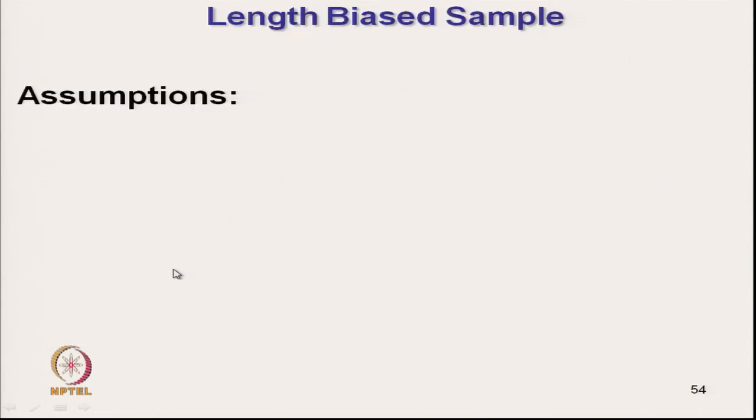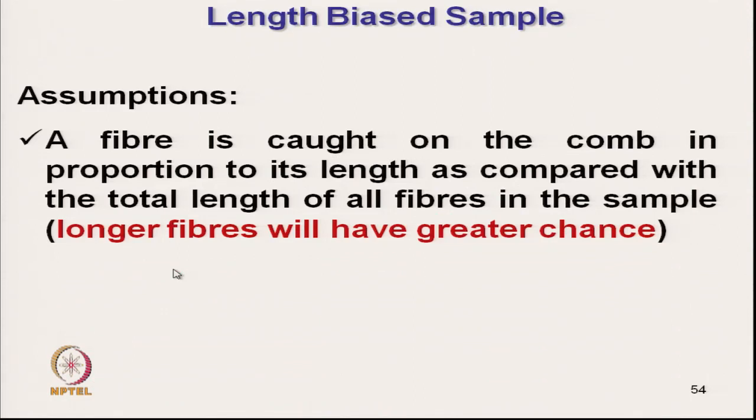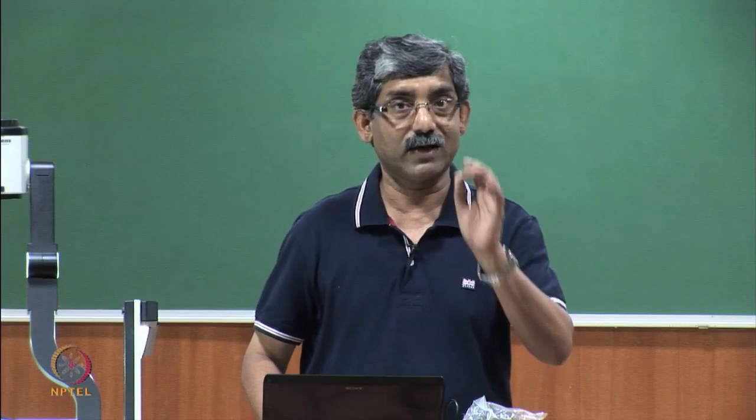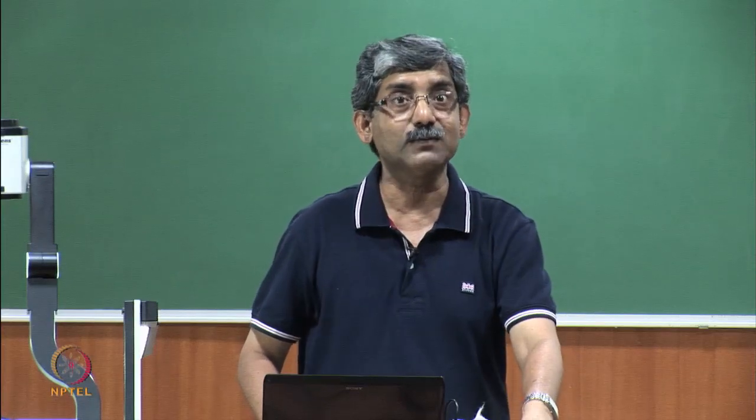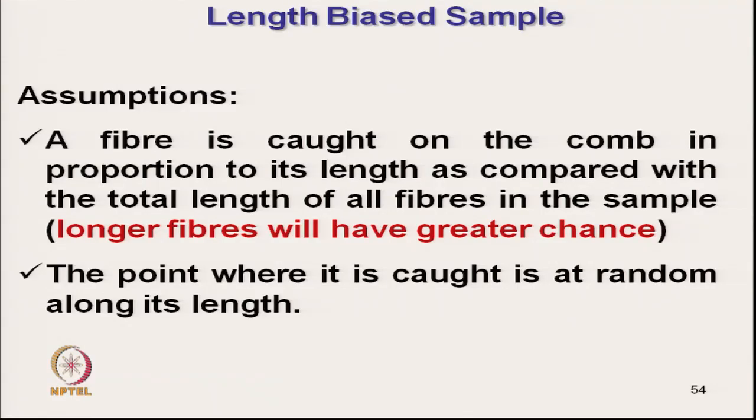The first assumption is that a fiber is caught on the comb in proportion to its length as compared to the total length of all the fibers in the sample. That means longer fiber will have greater chances. The second assumption is that the point where it is caught is at random along its length.